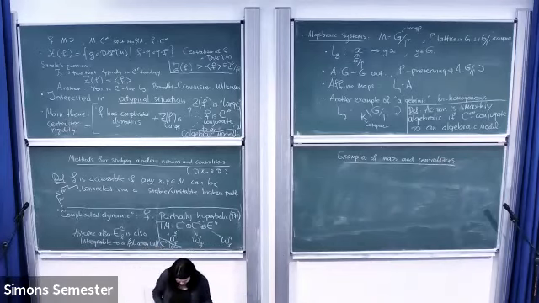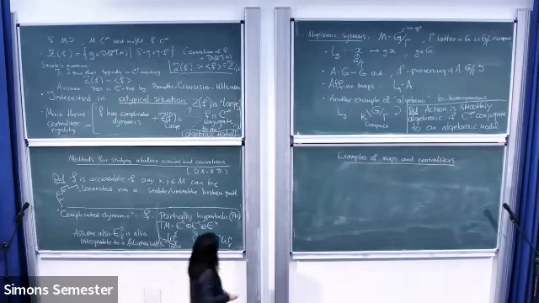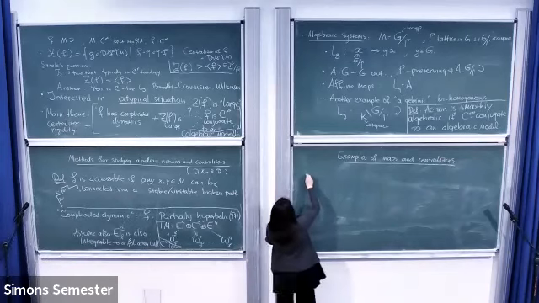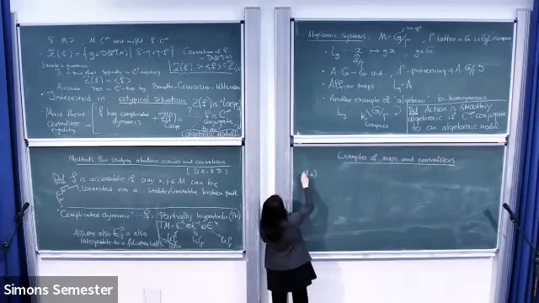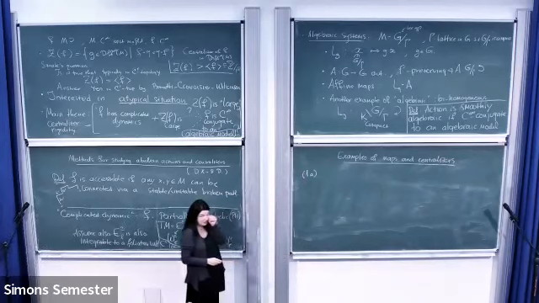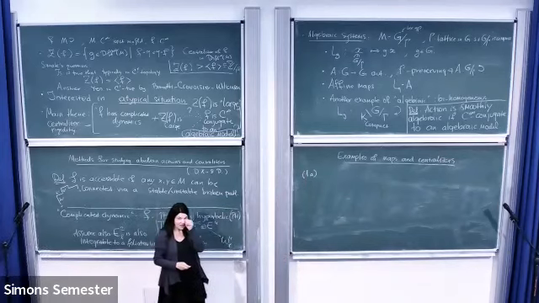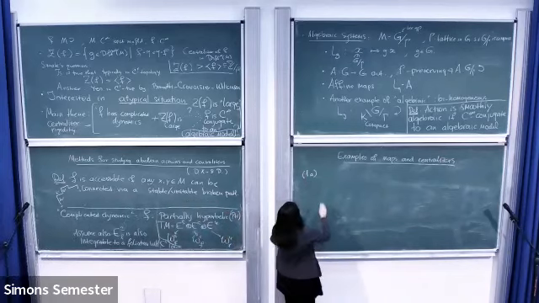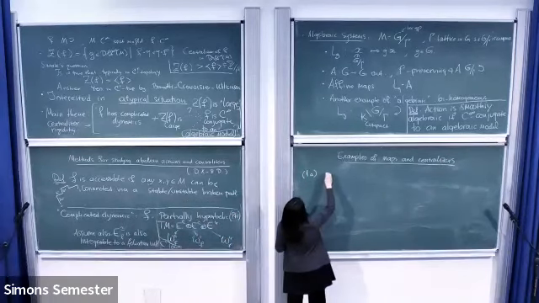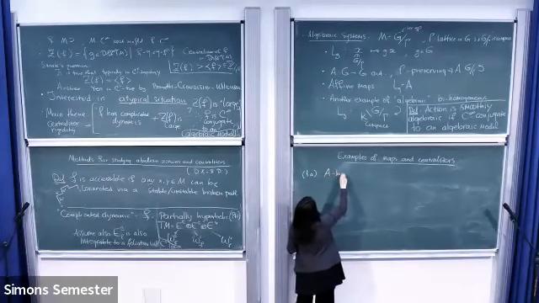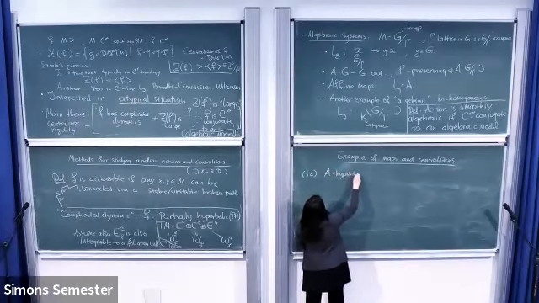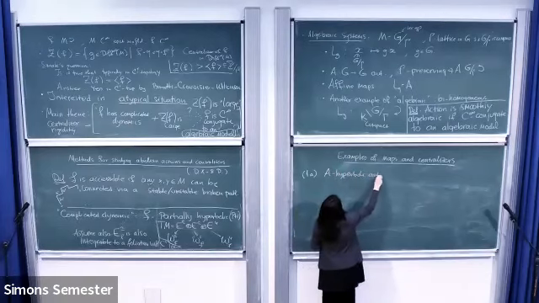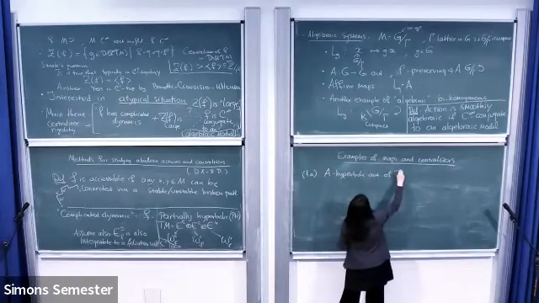So group one is simple. So 1A, I labeled them because I want to refer to them later. It's not a bad idea, if you're taking notes, to remember the label. So 1A is just take the usual hyperbolic automorphism.